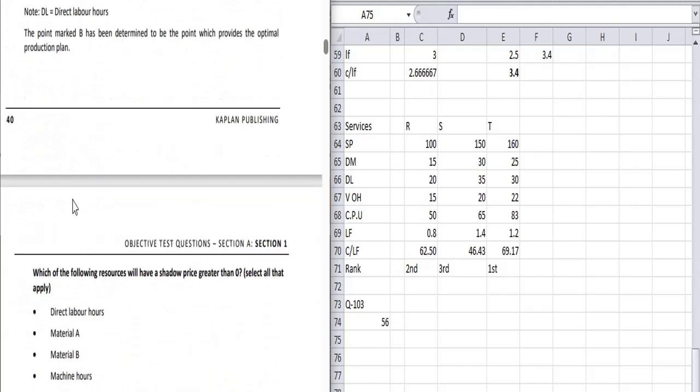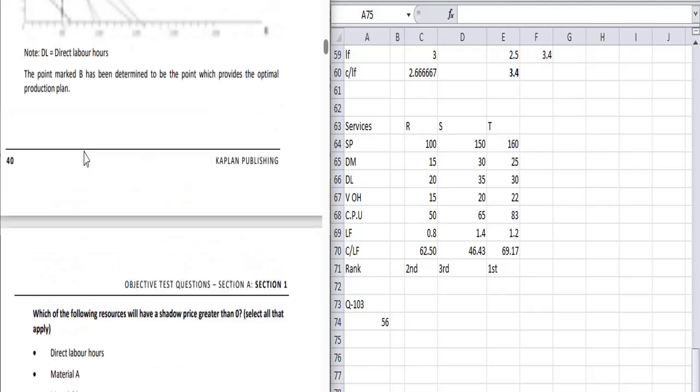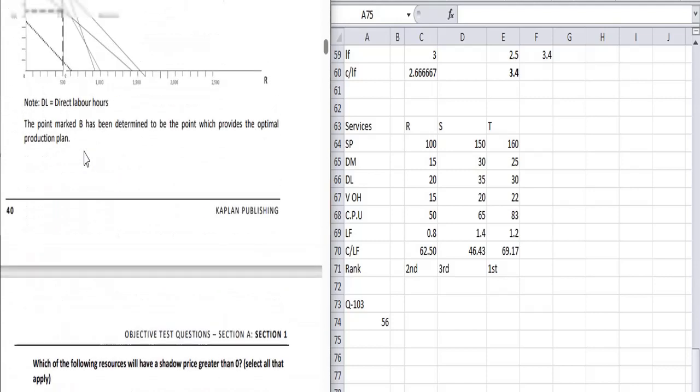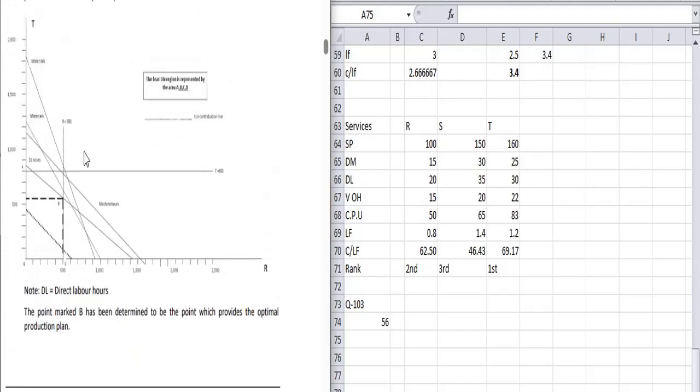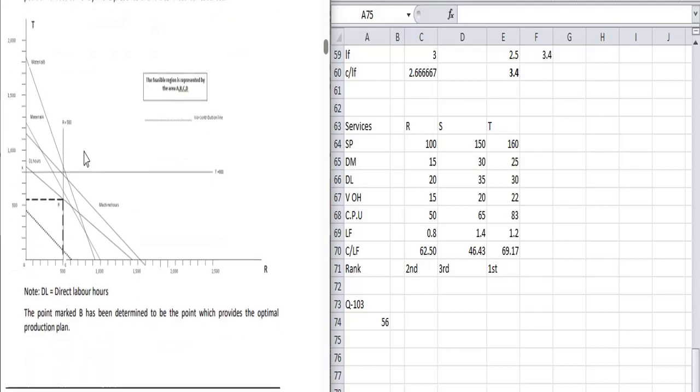108. Which of the following resources have a shadow price greater than 0? In case of slack resources, our shadow price will be 0. The question is: an organization has created the following linear programming solution to represent the position it faces currently in the presence of scarce resources.